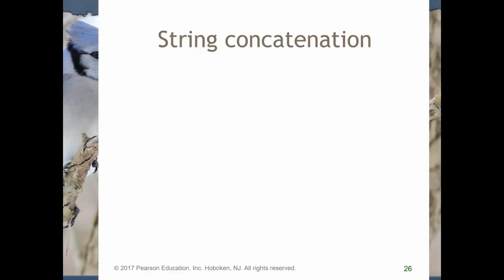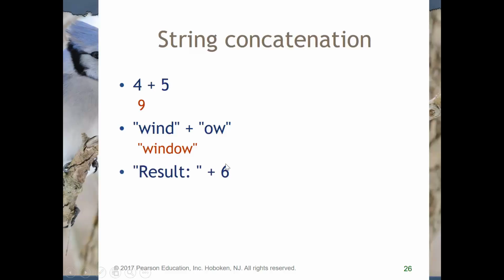String concatenation. 4 plus 5 equals 9. Nothing surprising there. When plus OW equals what? Because these aren't numbers, it can't really add the numbers together. So you end up getting window. Now Java does have some nuances that we'll talk about in a minute. If you've read through the book, you should already know that. Java is smart. If the line starts with a string, then it thinks everything's going to be a string.